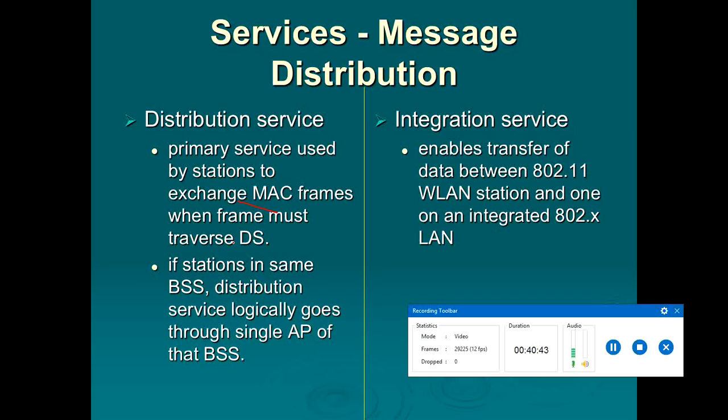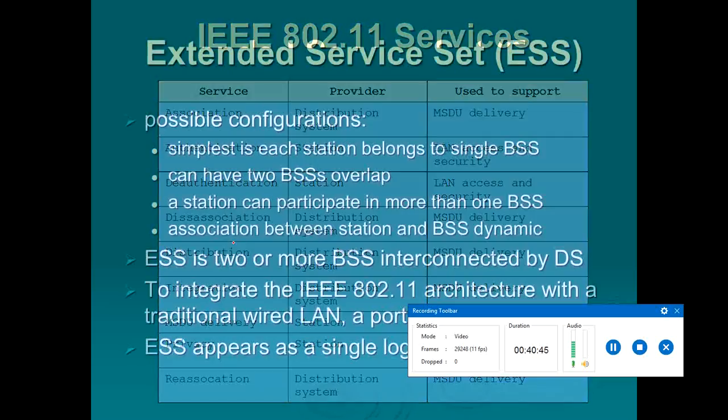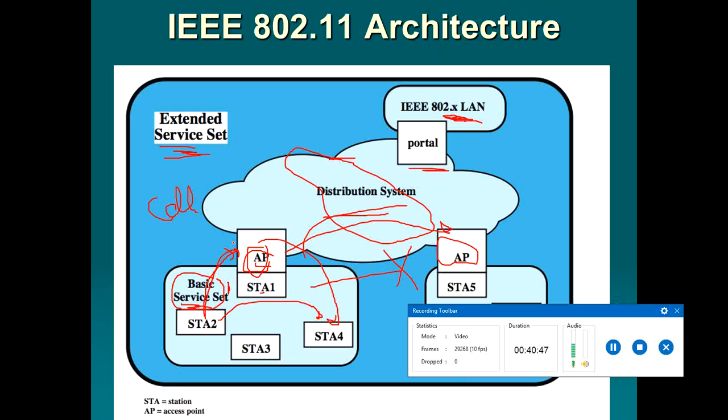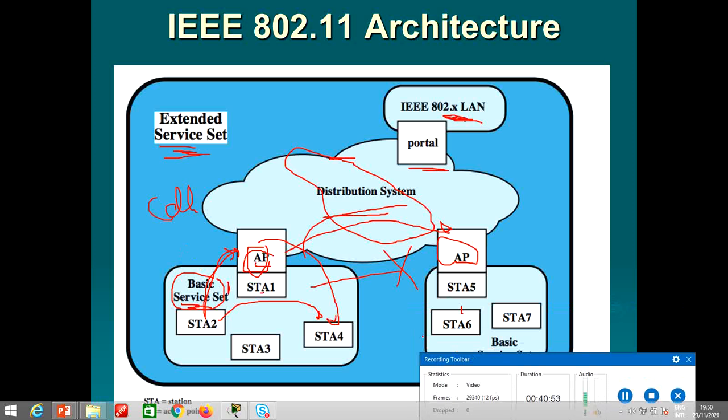So for example, if I go back to this figure, if a frame has to be sent from station 2 to station 7, the frame is sent from station 2 to station 1, which is the access point, and then the AP gives the frame to the distribution service, which has the job of directing the frame.